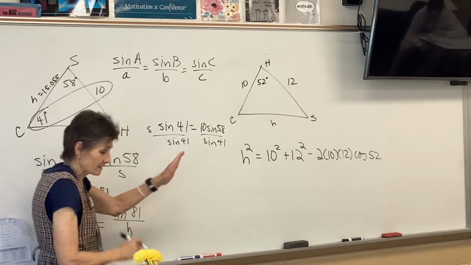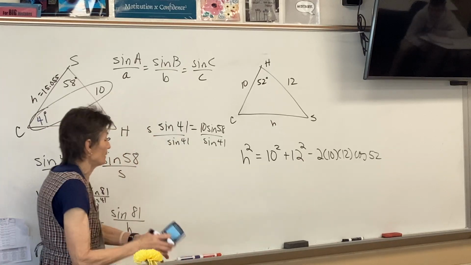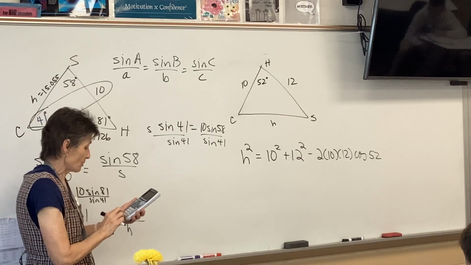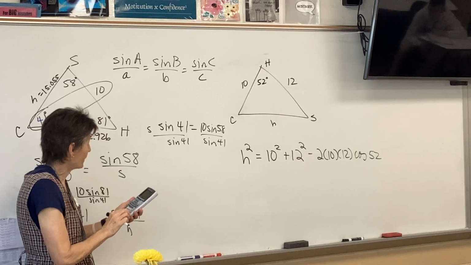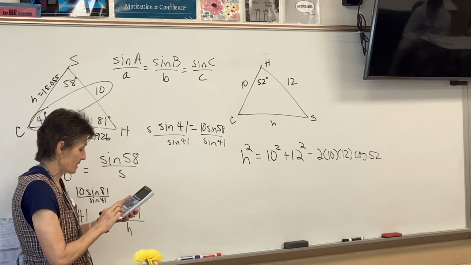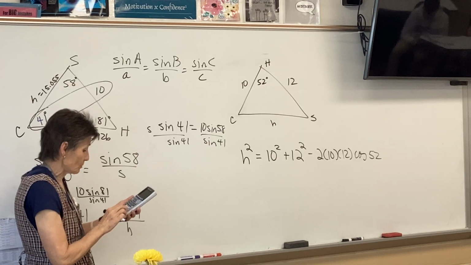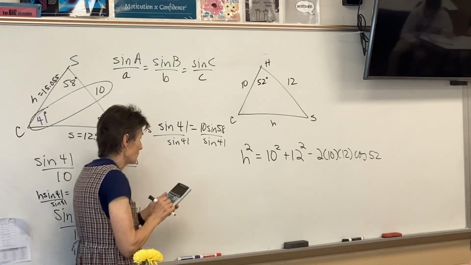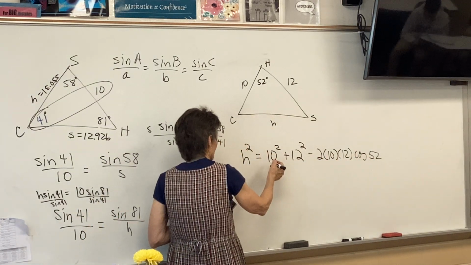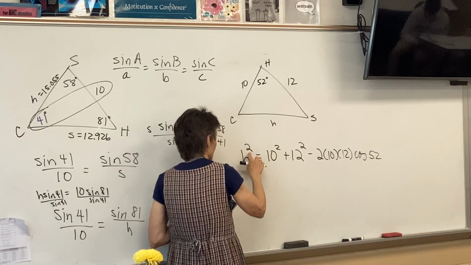All right, well, let's go ahead and type this in, and then we'll talk about your formula if you're taking notes for the law of cosines. Let's go ahead and type that in. So we got 10 squared plus 12 squared minus 2 times 10 times 12 times cosine 52. Now remember, when you get all that typed in, that is h squared.